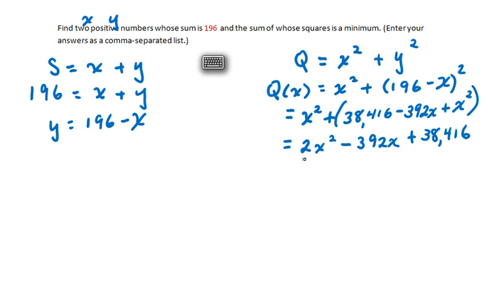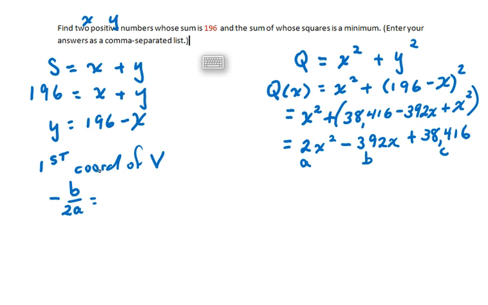Now, you may recall that for ax squared plus bx plus c, that function, the vertex will have first coordinate equal to the opposite of b over 2a.